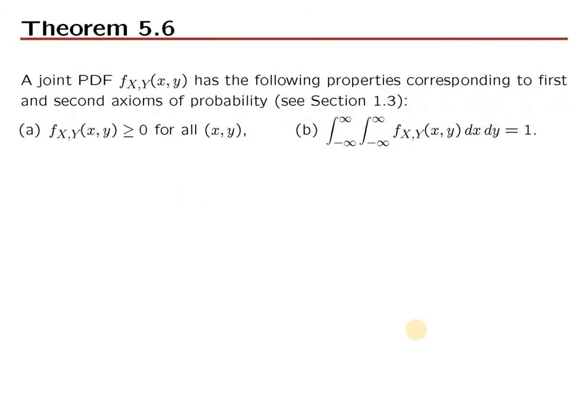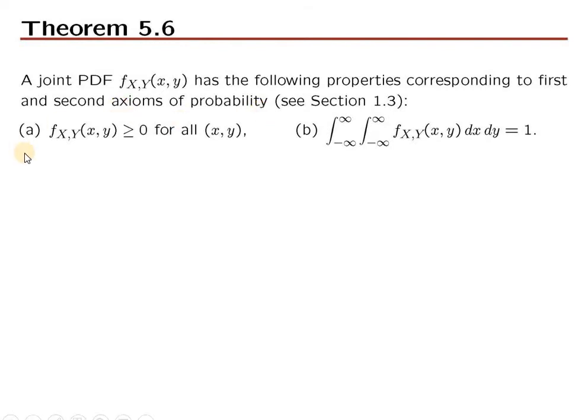Now let's look at another theorem, Theorem 5.6, which says that a joint PDF, represented by small f for the pair of random variables X and Y, has the following properties corresponding to the first and second axioms of probability. So actually this PDF follows the axioms of probability.